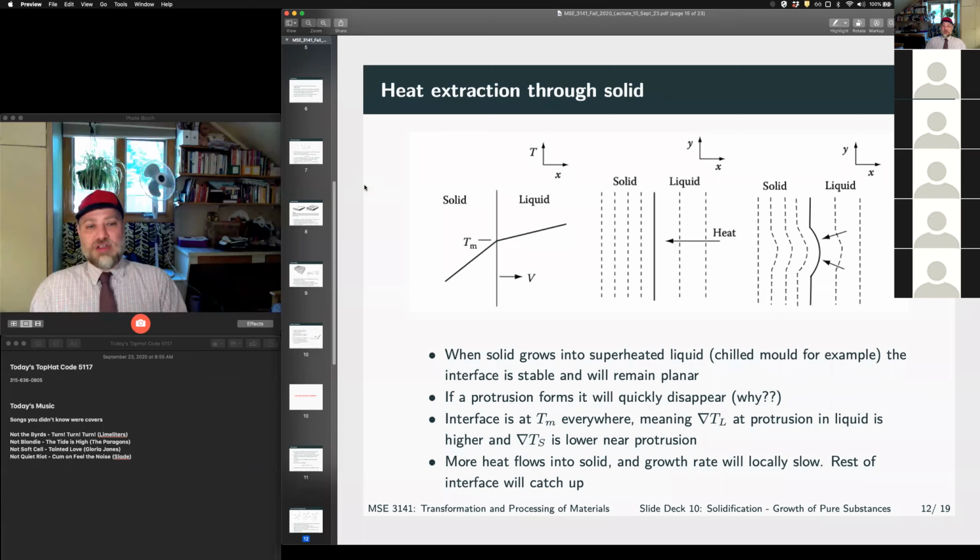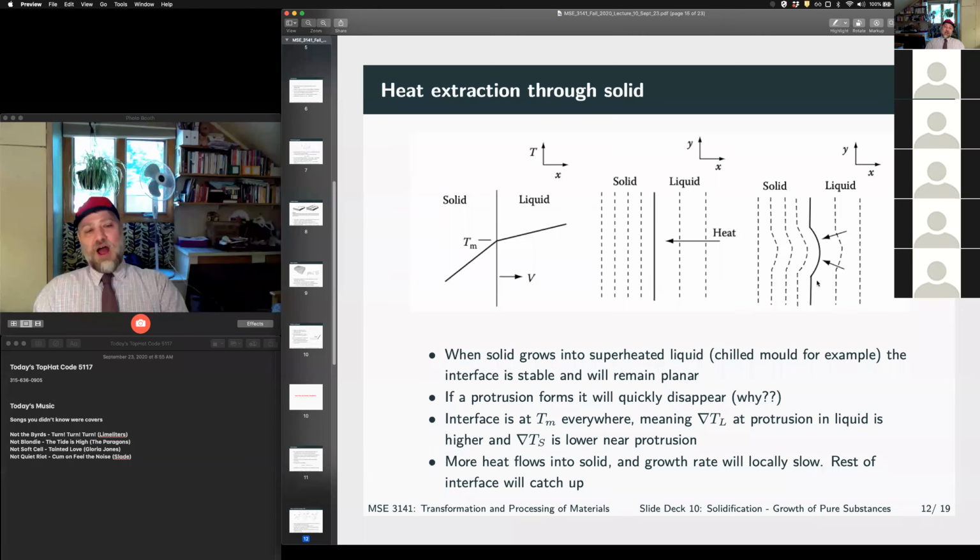So I'm a couple minutes over, so we're going to stop here. We'll pick it back up on Friday and talk about the remainder of dendrites and then dendritic growth, and we'll get started with alloy solidification. But there's some non-intuitive concepts to get through here.